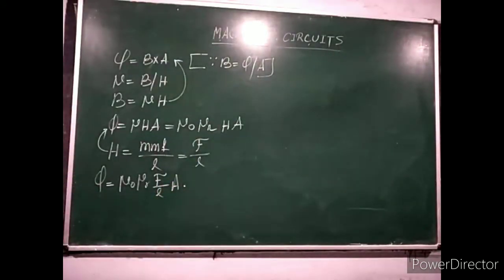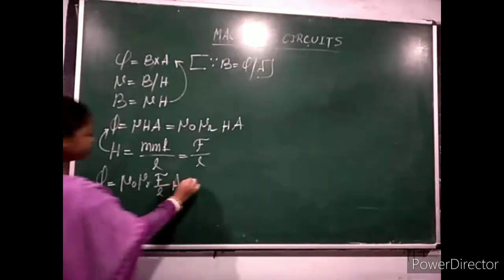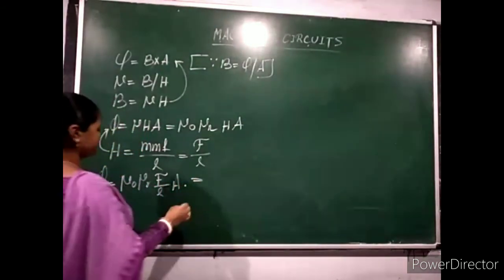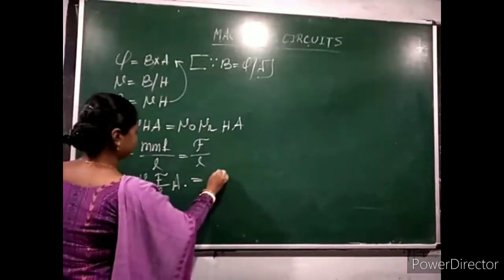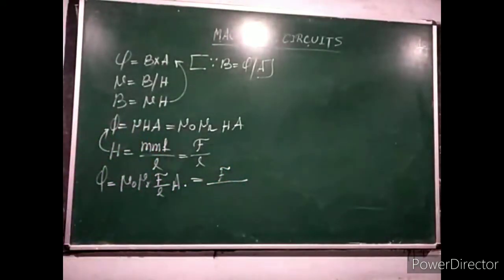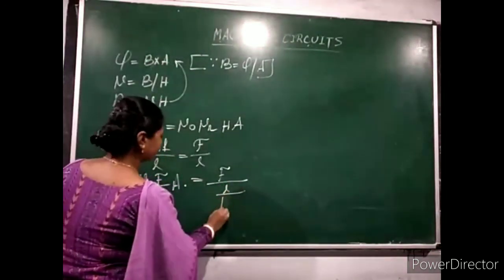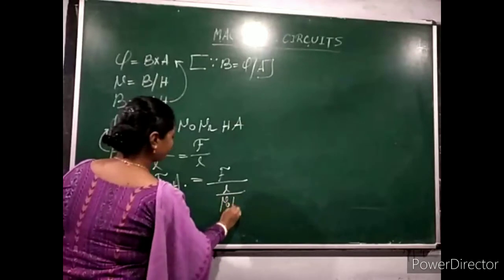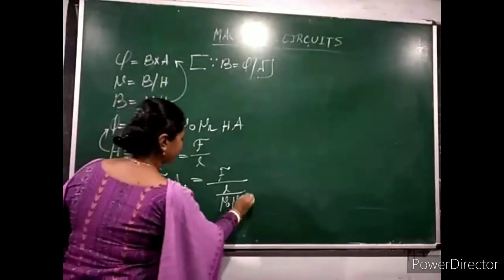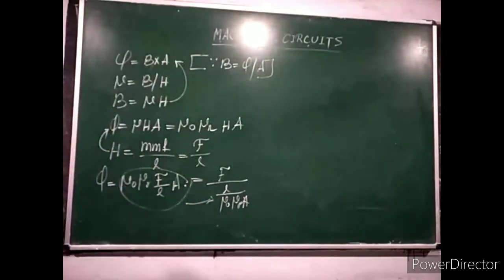Is it clear? Now I may write this equation as mmf divided by L by mu 0 mu r A. Is it right?